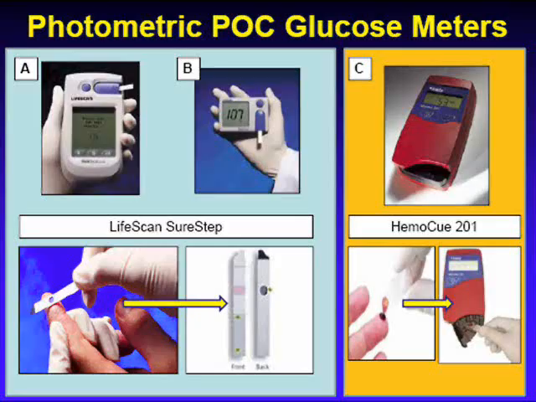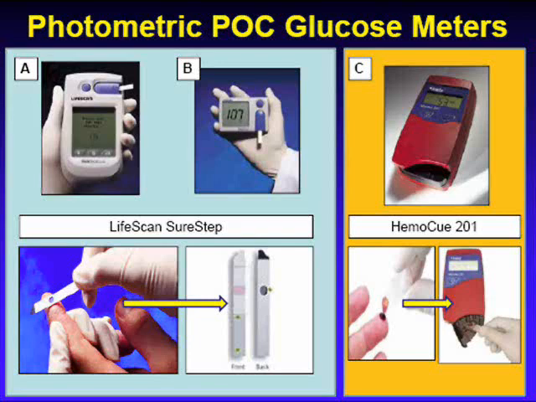This next slide shows other photometric glucose meters, including the one I just showed previously. Panels A and B are from the same company, LifeScan, a subsidiary of Johnson & Johnson. This device uses a test strip where a finger stick yields a blood drop and it's applied to the pink area shown at the bottom of panel B on the test strip.